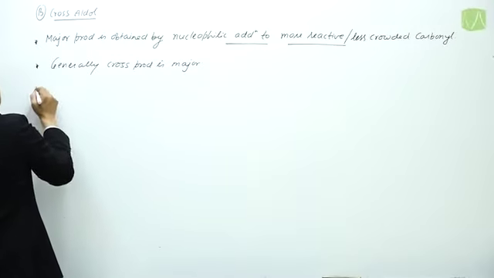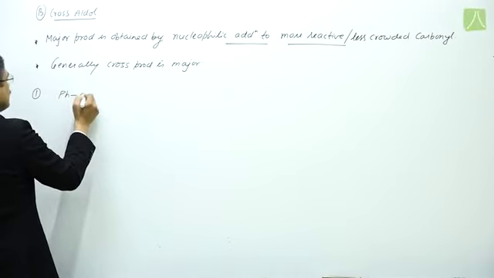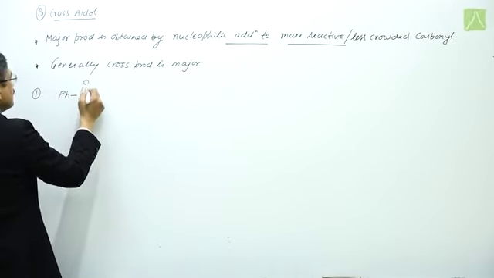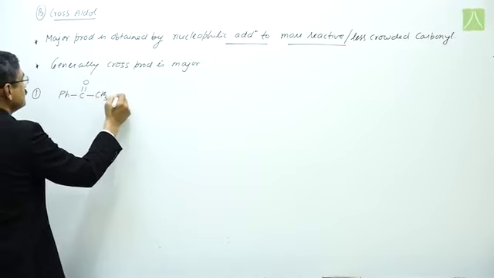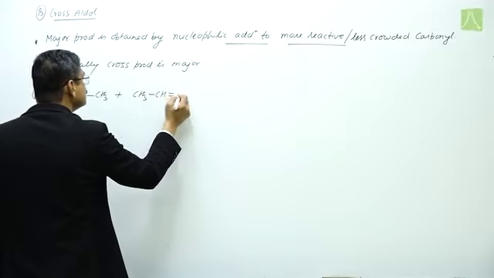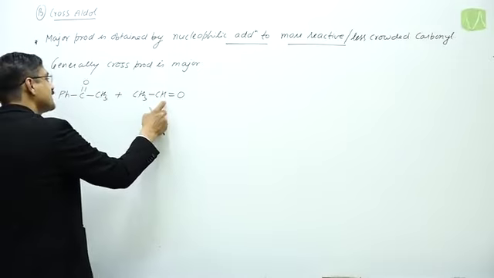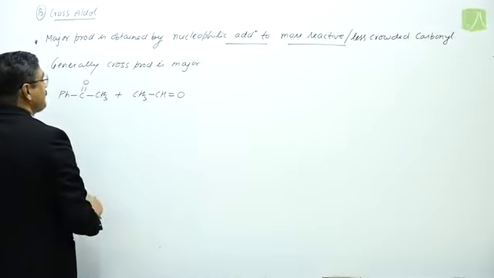Suppose I take the example like this. One is ketone plus another is aldehyde. So in general, aldehydes are more reactive than ketones. So nucleophilic addition at this carbon gives major product.